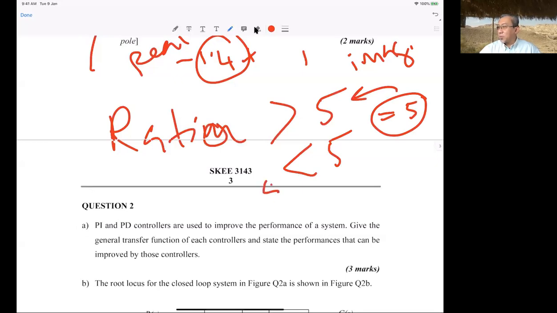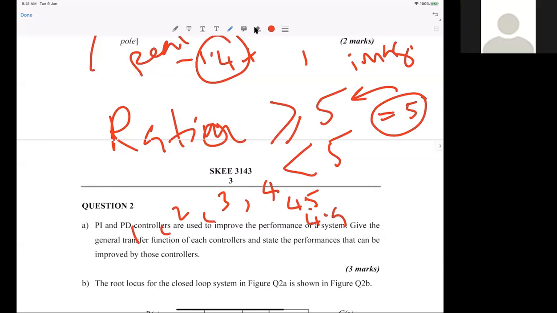So 4, 3, 2, 1, 4.5, 4.9 is considered as not purely second order. Above 5, 5 and above, consider as approximate second order valid. 5 and above meaning greater than 5.